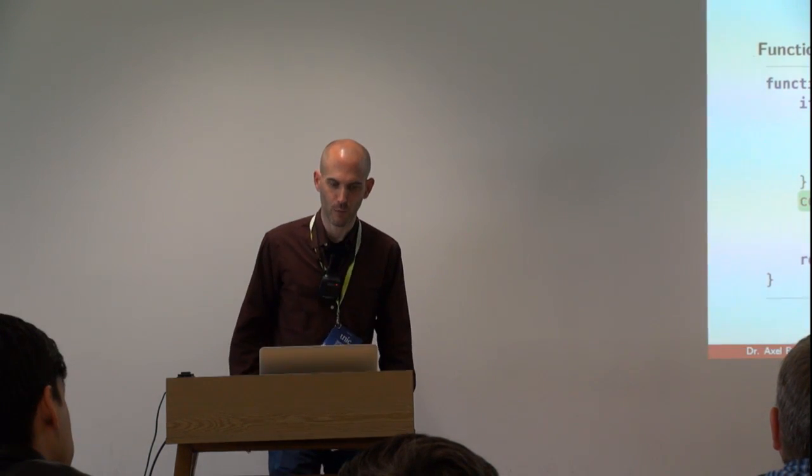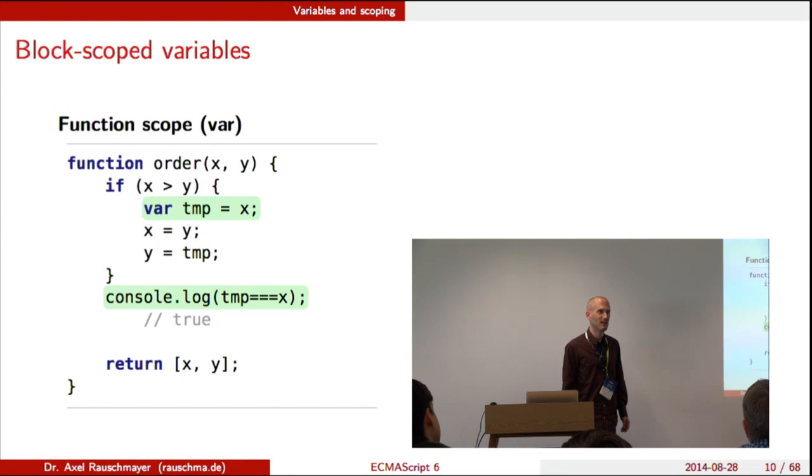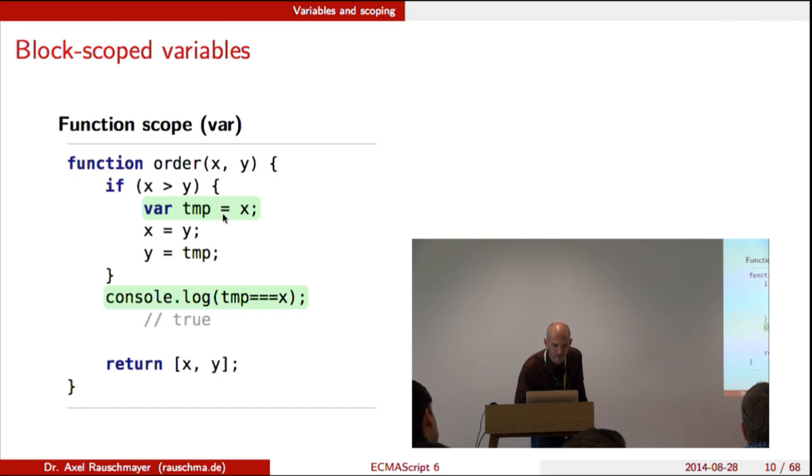Let's look at variables and scoping. Function scoping is one of the weird parts of JavaScript, and thankfully you will have a fix. Let's look at an example. If you have temp in here, in other C-like languages, you'd expect temp to be local to this block. And if you try to output its value or check whether it's equal to another value, that shouldn't work.